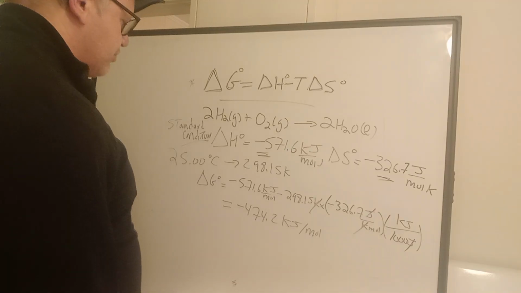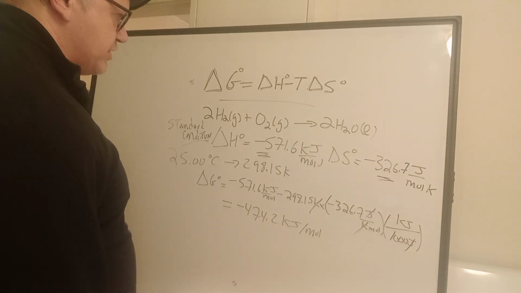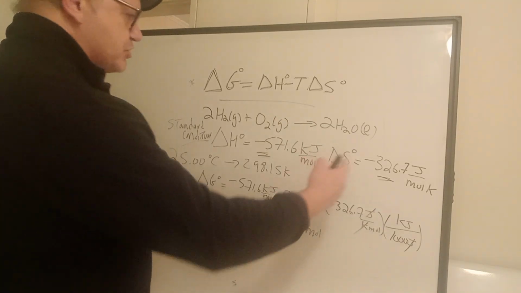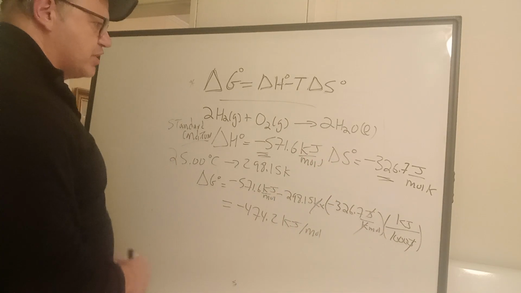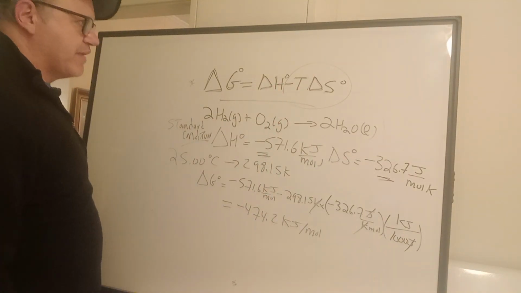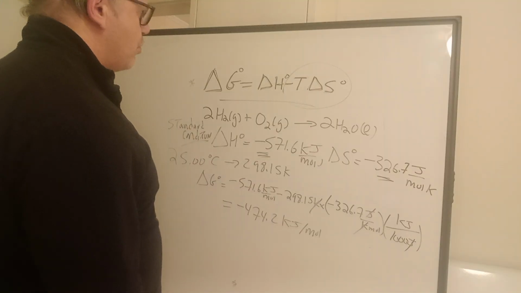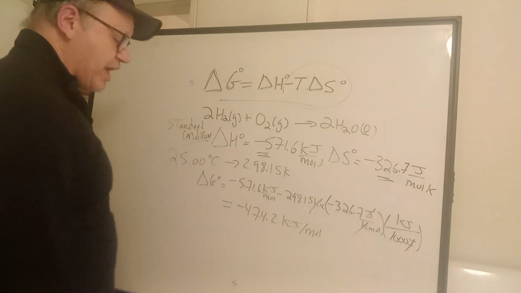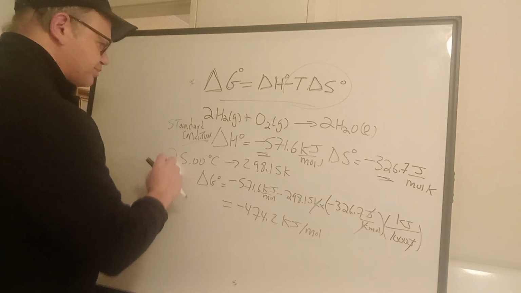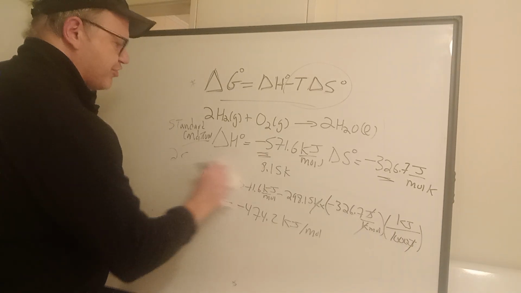It's not working in the direction of spontaneity, especially at higher temperatures. So at higher temperatures, there'll be a certain temperature at which the right-hand term here, which will be a negative times negative is positive, will override that negative delta H. So let's figure out that threshold temperature for this system.